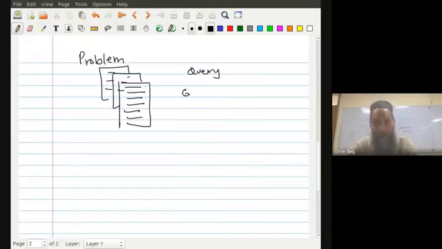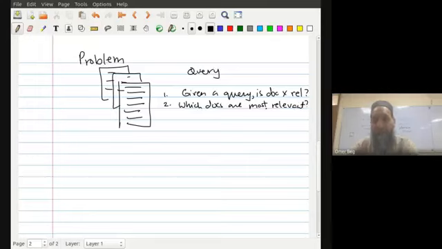So given a query and a document, one, is document X relevant? And two, which documents are most relevant?